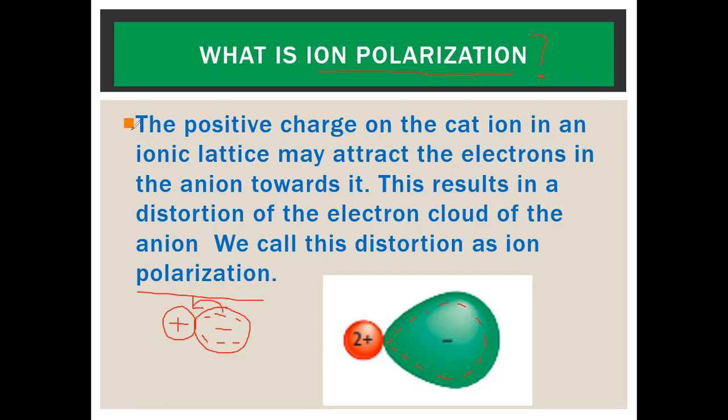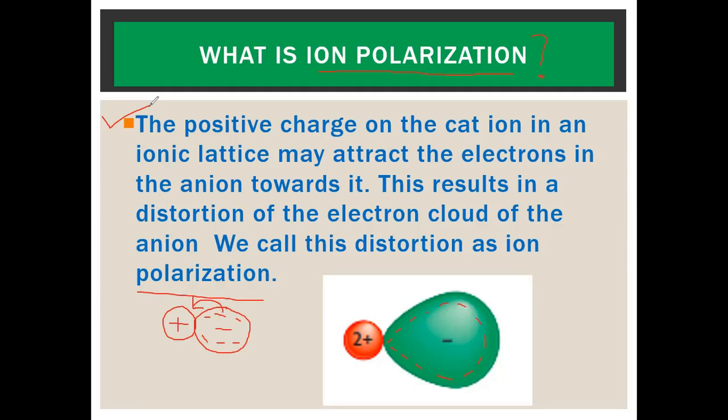If you can read it for me and explain in your own words: the positive charge on the cation in an ionic lattice may attract the electrons in the anion towards it. This results in a distortion of the electron cloud of the anion.